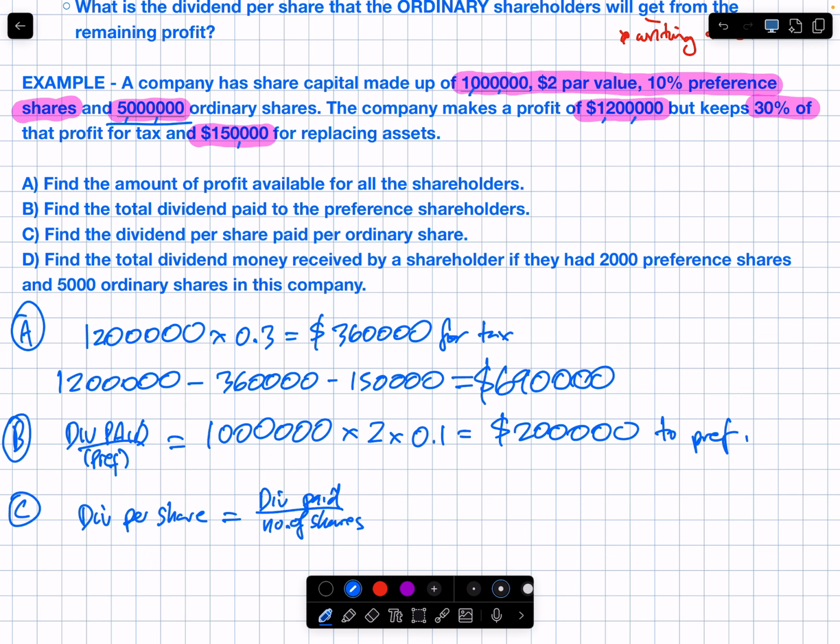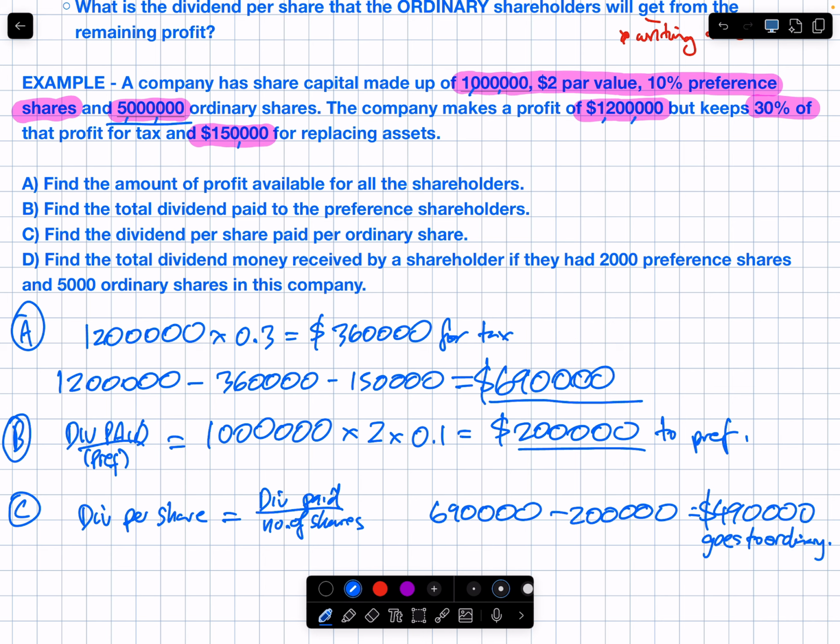No. I've got what I need to find that. Okay? So 200,000 is going to go to the preference shareholders out of the 690 grand. So I need to subtract. 690,000 take away the 200,000 is going to be 490 grand that goes to ordinary people. That's the whole chunk.